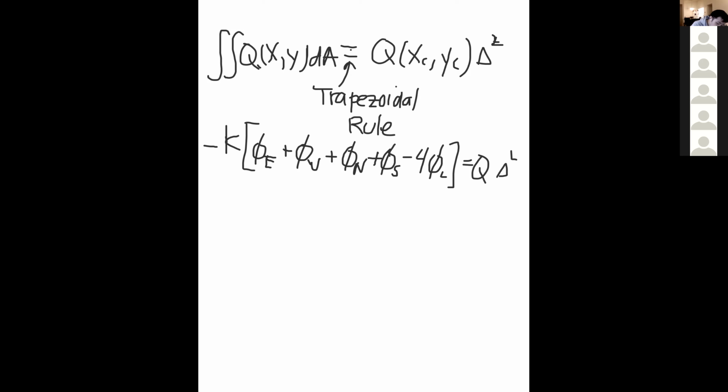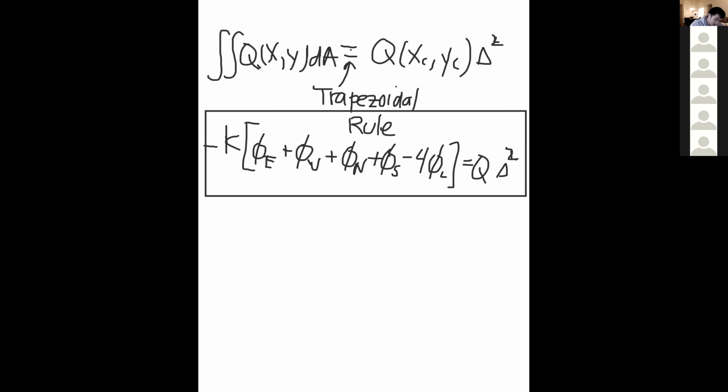So there's our algebraic equation. On the left-hand side, we have our diffusion integral, which is what we did on the last board. On the right-hand side, we have the integration of our source term, which is q xc yc, the x and y coordinates of the centroid of the cell, multiplied by the area, which is delta squared. Let me box this one because this is the one we'll actually use for the example.